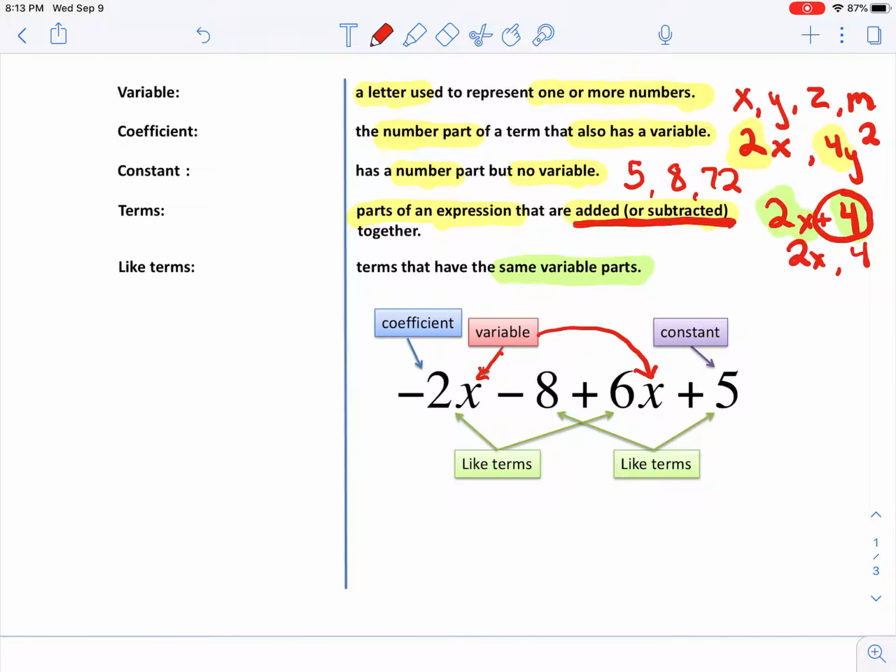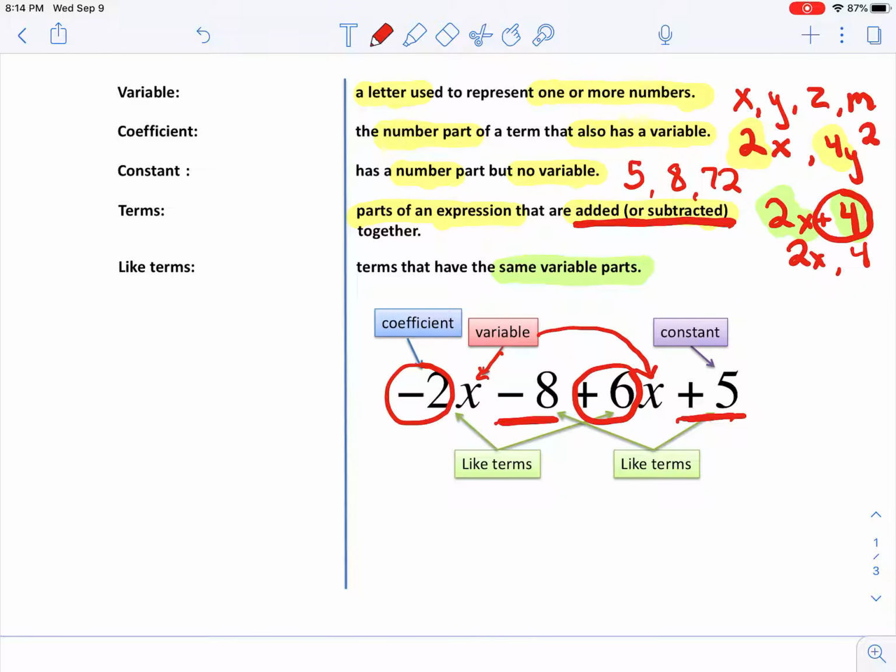Then, if we look at coefficients, the coefficients are the number part of the term. So just the number part, negative 2, and then look at that, positive 6. Then any constants that we have, this constant, this would be a negative 8, because there's no letter attached to it, and plus 5, or positive 5.